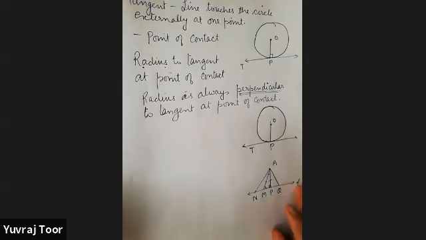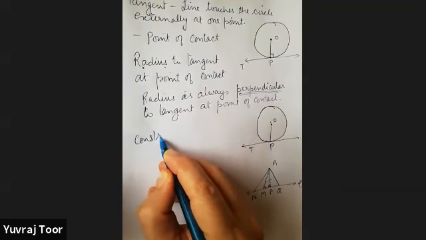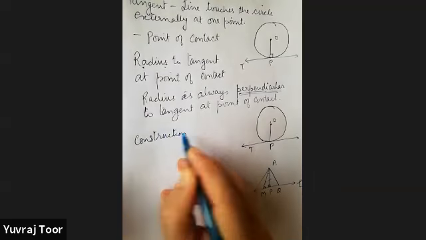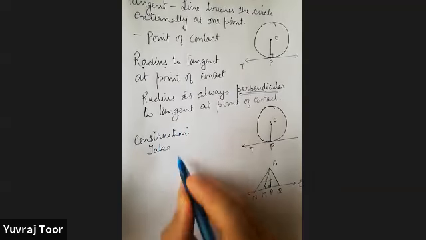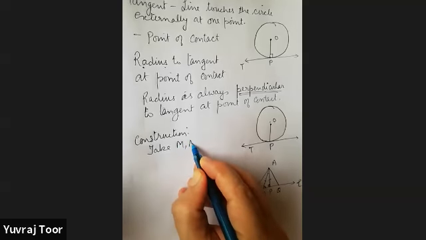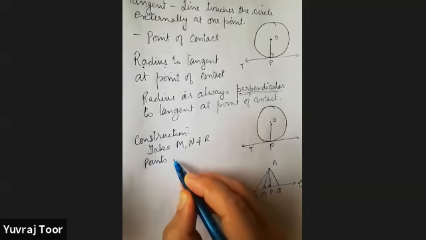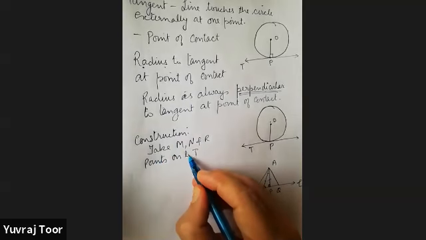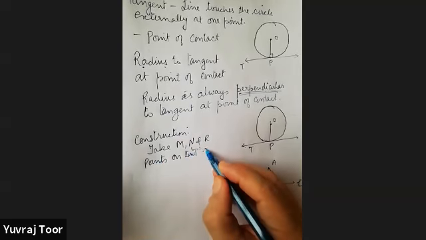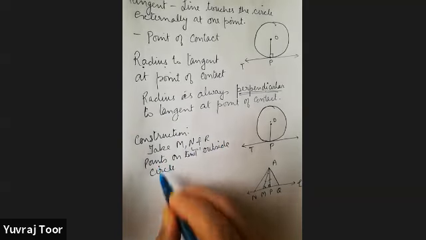Now what we are going to do, we are going to reverse this and prove here, right? Let's do the construction part. And construction says take M, N and R points on line T outside the circle.